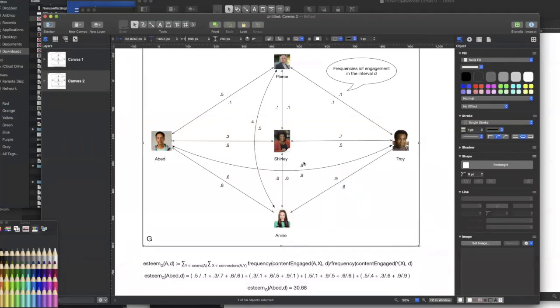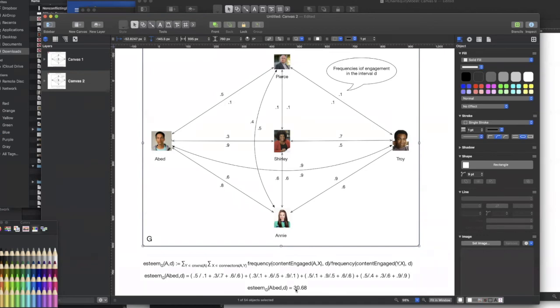Troy listens to Abed, 0.9. So 0.5 over 0.4, 0.3 over 0.6, 0.9 over 0.9. And if we go through each of these in turn, we'll get, modulo typos, these numbers in their components. I'll have to redo this because I know I changed this, so this number will change a little bit.